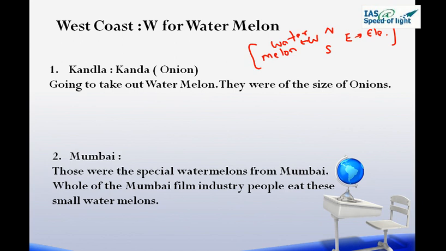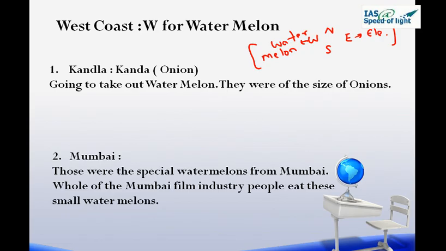Let's start now with Kandla. The first major seaport on the western coast is Kandla, and from Kandla we get Kanda. Kandla is Kanda. If you are not aware what Kanda is, if you watch Hindi Bollywood movies, Kanda is onions.